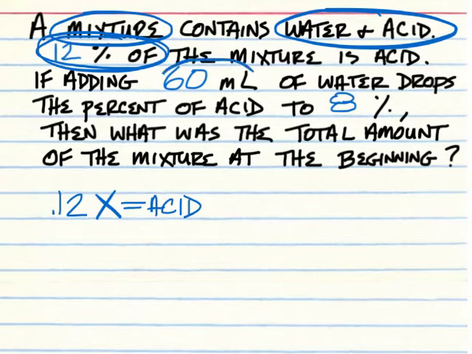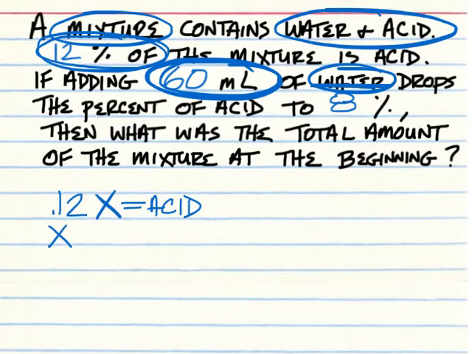Now, you're adding 60 milliliters of water to the original total. We don't know what that total was. It's X. So you add 120, or not 120, that's from the other problem. You add 60 to X, and that gives you your new total.